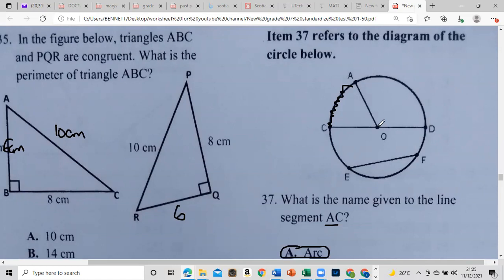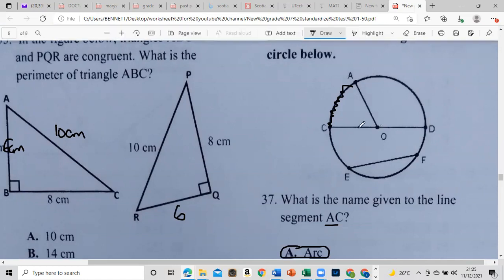If they had asked for OD or OC, that would be the radius. And if they had asked from C to D, that would be the diameter.